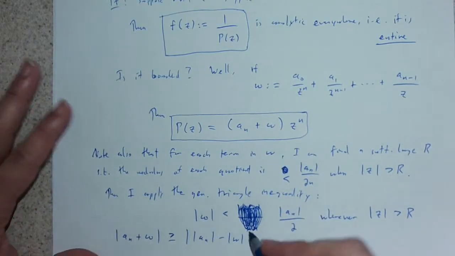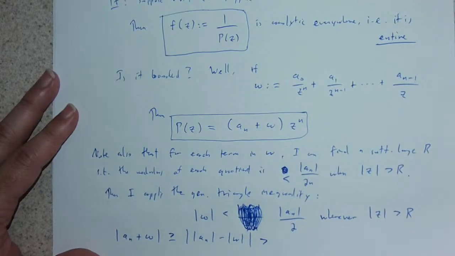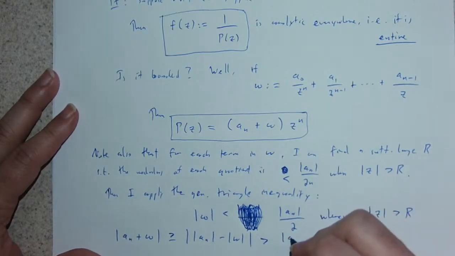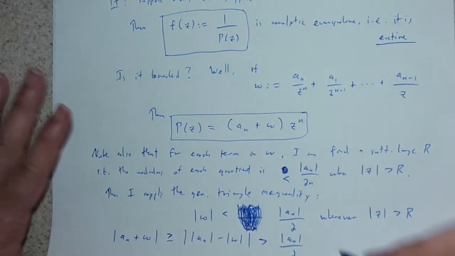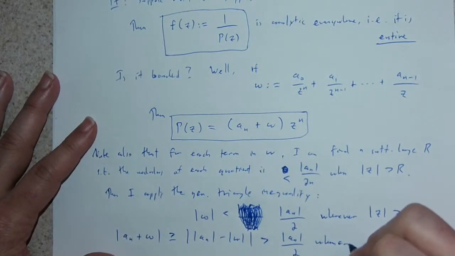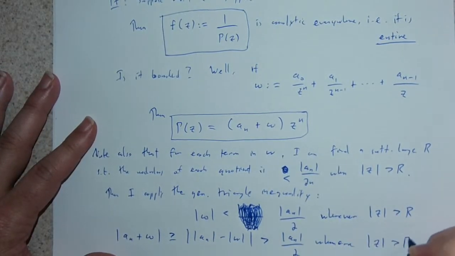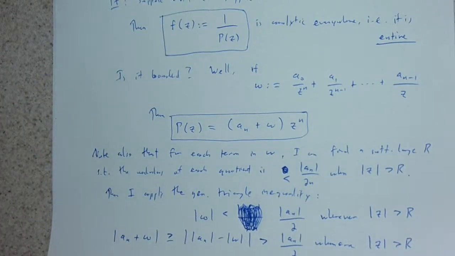But again, by this fact, this is strictly greater than the modulus of a sub n over 2, again, whenever the modulus of z is greater than R.